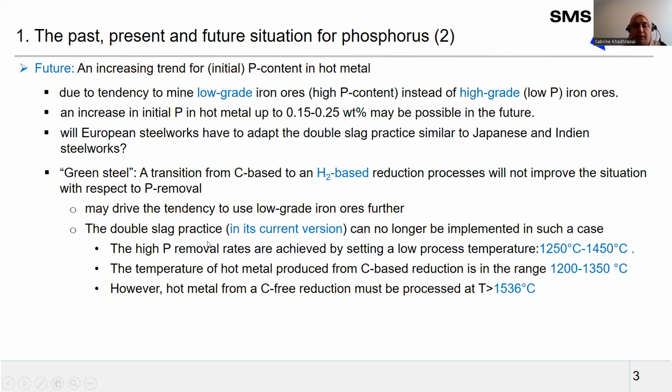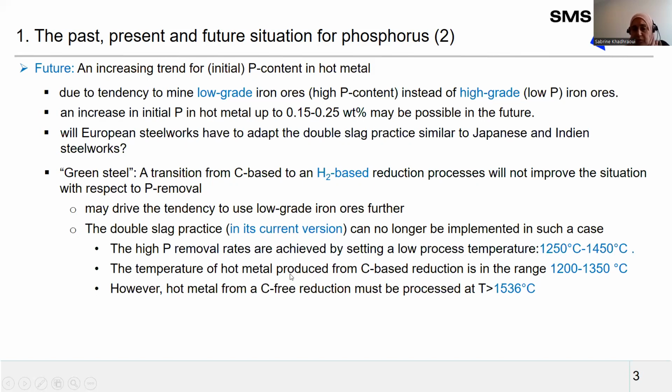The reason is that this practice is based on the fact that lowering the temperature results in an increase in phosphorus removal rates. So the reaction of phosphorus removal is favored by low temperature. So in the first step, we keep the temperature low, and thus we can achieve high dephosphorylation rates.